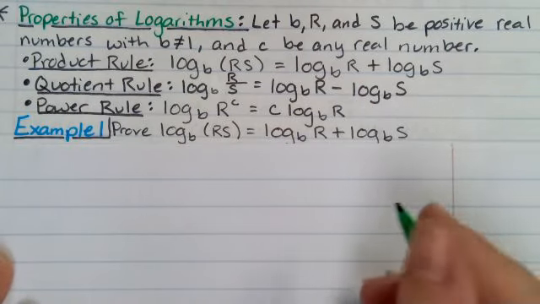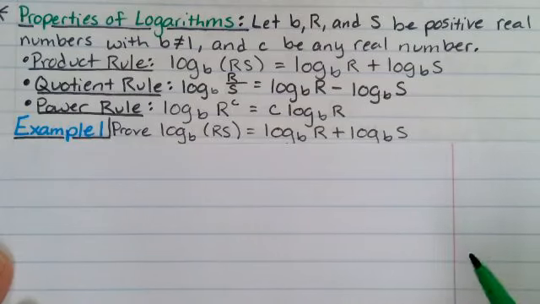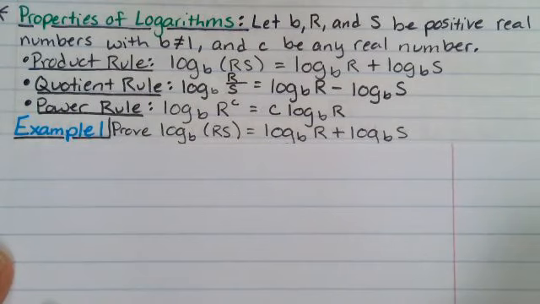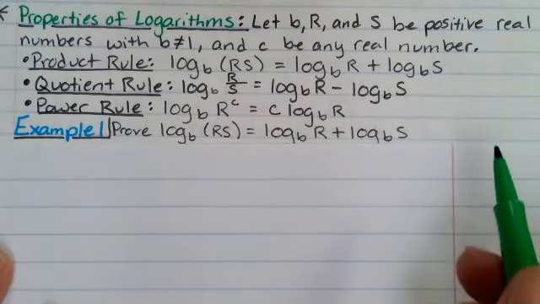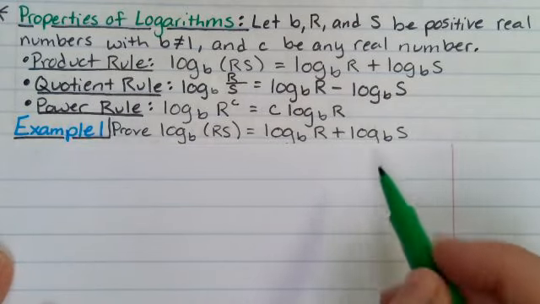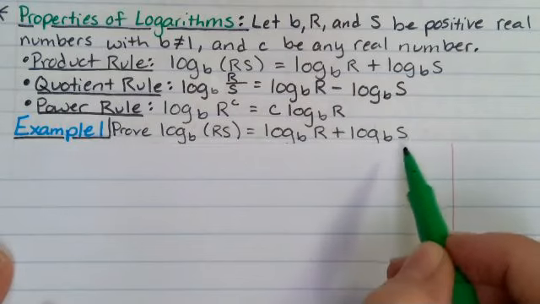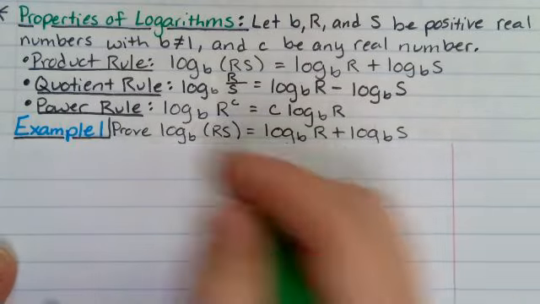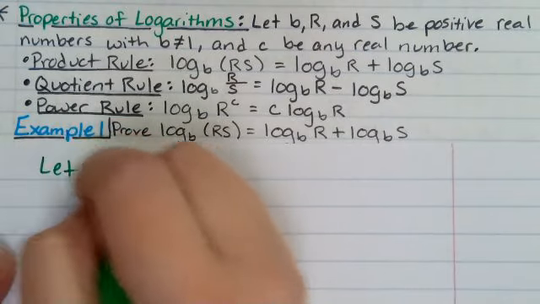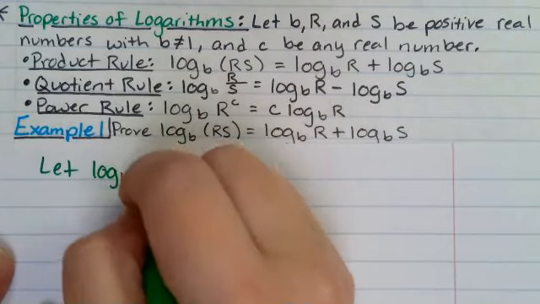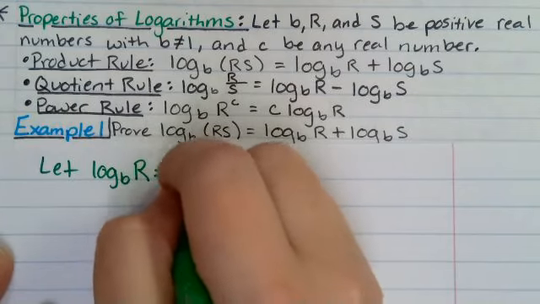Okay. I am going to do one thing here at the beginning just to set the stage a little bit and make it a little easier to work with. Because I'd rather not have to write log base b of r a bunch of times or log base b of s a bunch of times. So I'm going to make this a little simpler on myself. I'm going to let log base b of r be x instead.